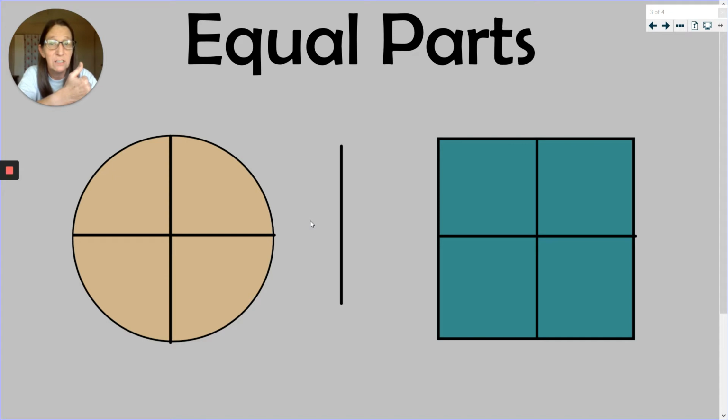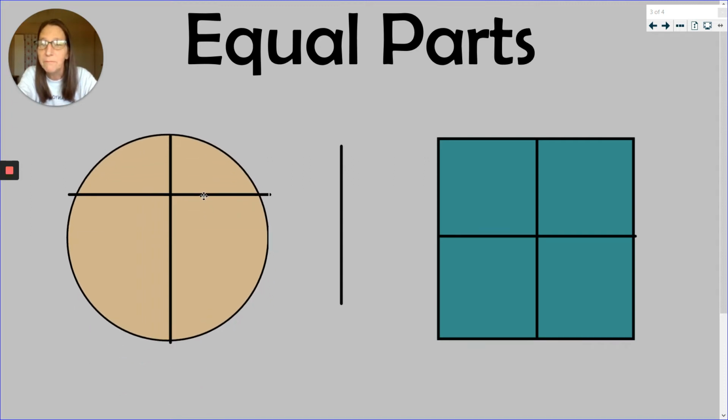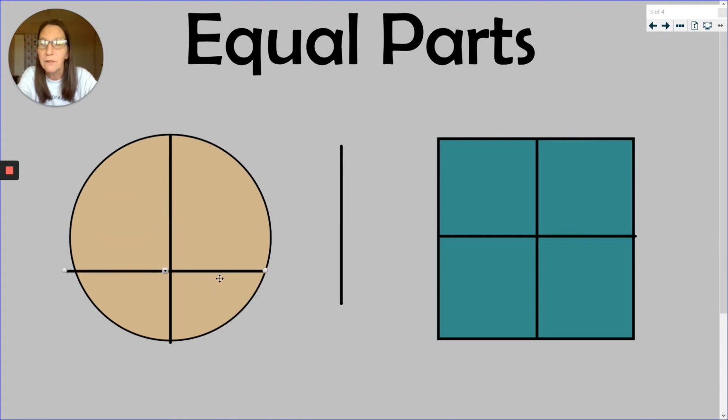Is this making sense now? Okay, you've got to be careful, because if you make your line like that, the parts aren't equal, are they? If I make my line down here, they're not equal either. What if I put one over here and the other line over here?